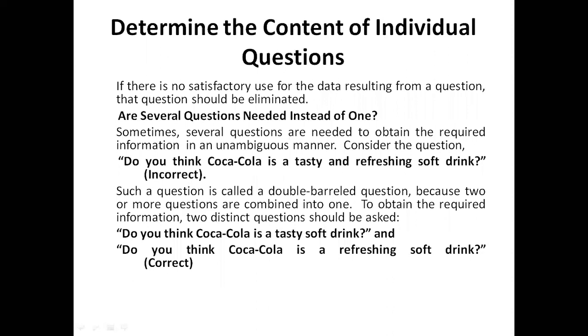Then the next step is to determine the content of individual questions. So you specified the information needed, you decided which interview method is suitable. Now you have to decide the content of individual questions. In a questionnaire, first you will introduce yourself: myself ABC, studying in MBA second semester.